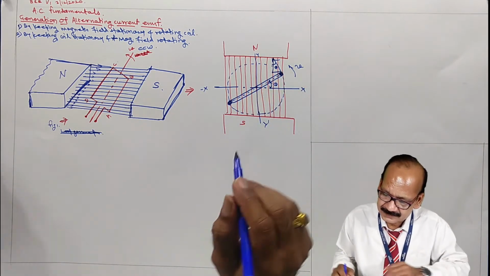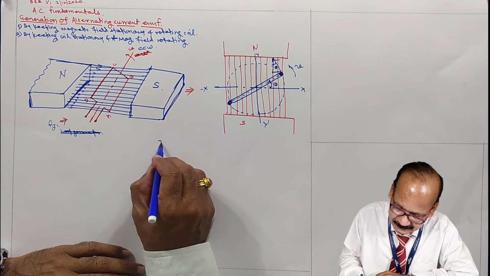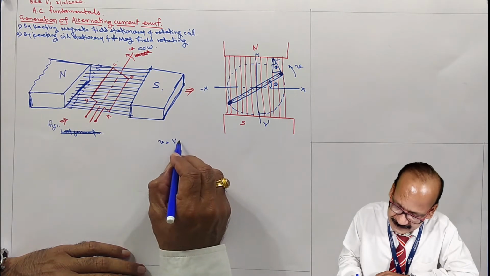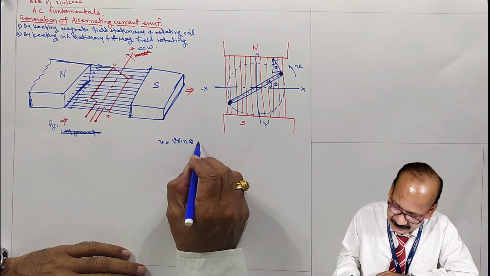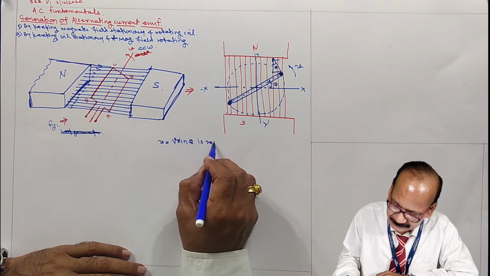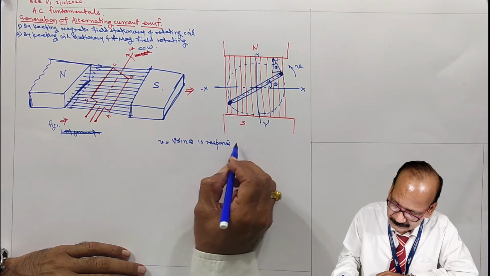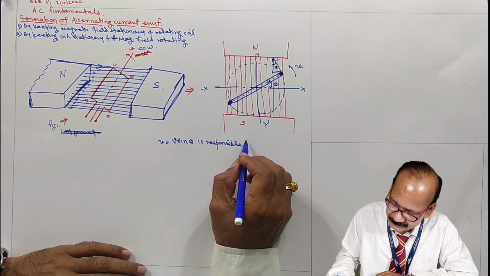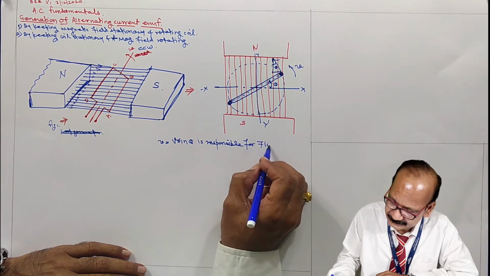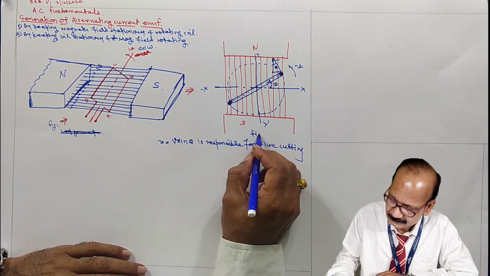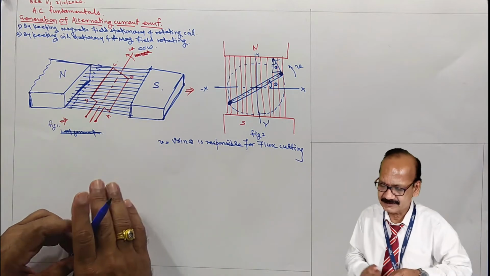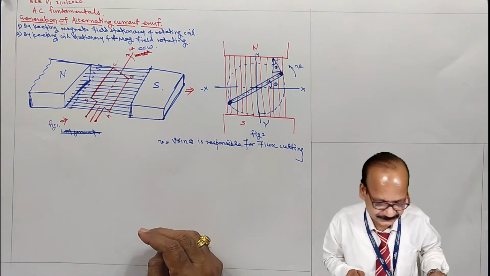So the component of the velocity, v sin theta, is responsible for flux cutting.